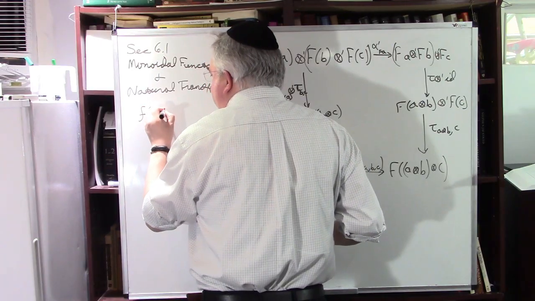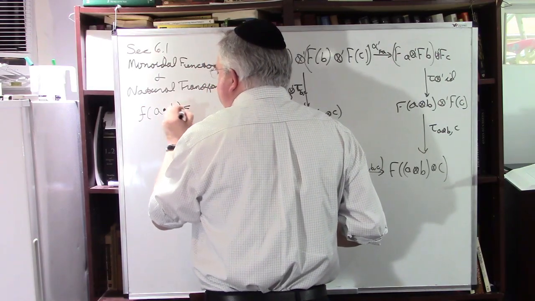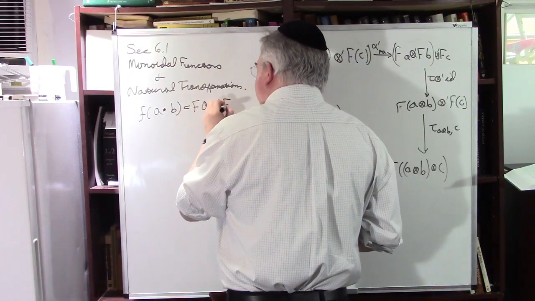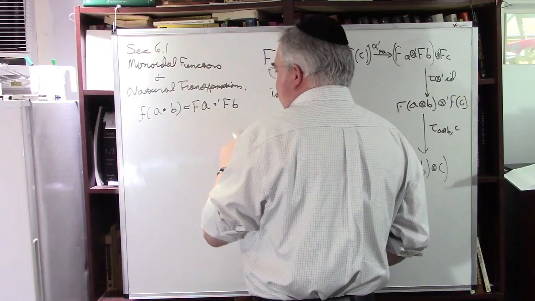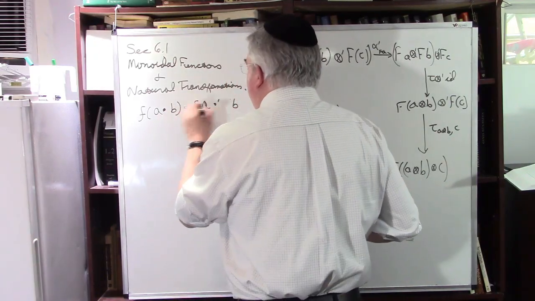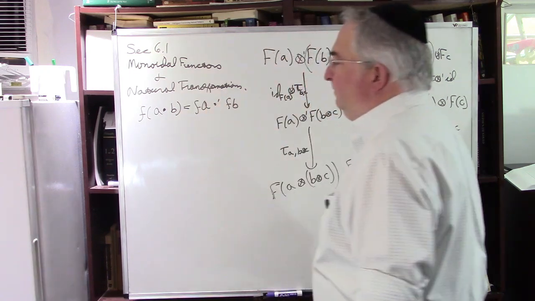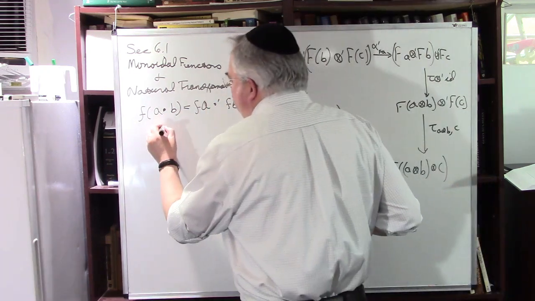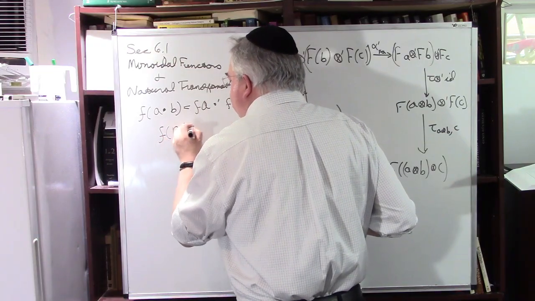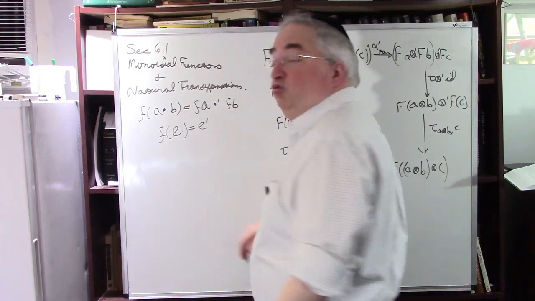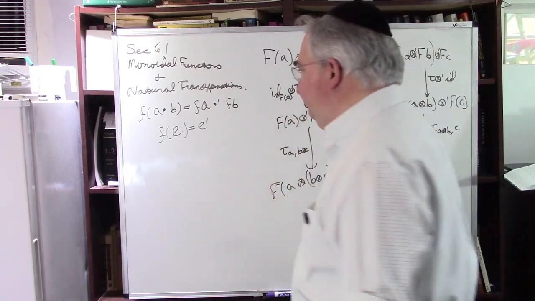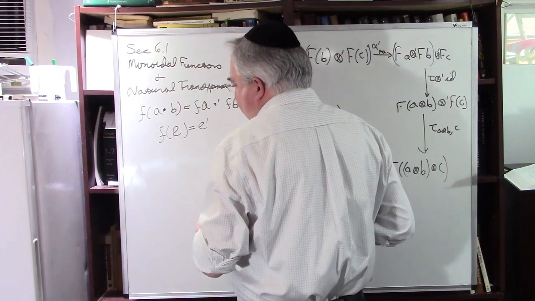F of A star B is equal to F of A star prime F of B. Capitals, smalls, what a pain in the neck. Okay, we had another requirement, namely F of E equals E prime. I'd like to draw this as a commutative diagram.